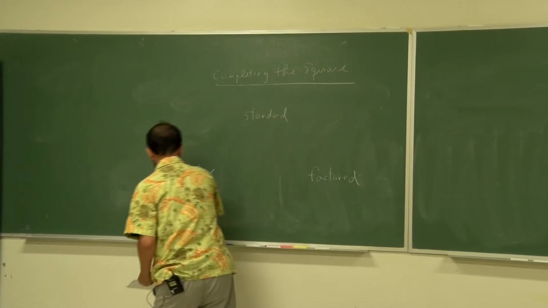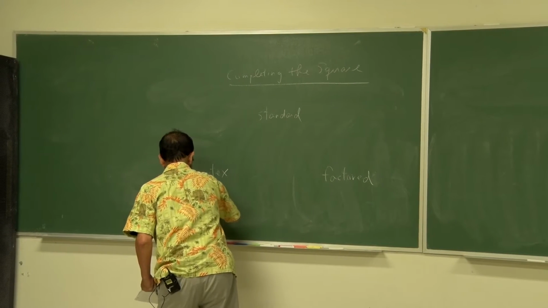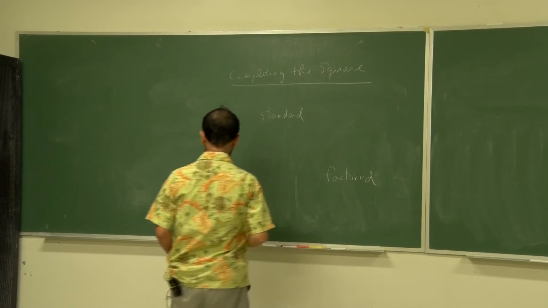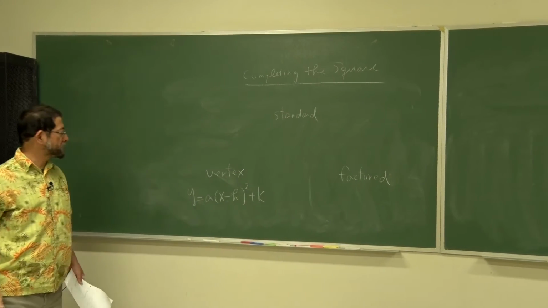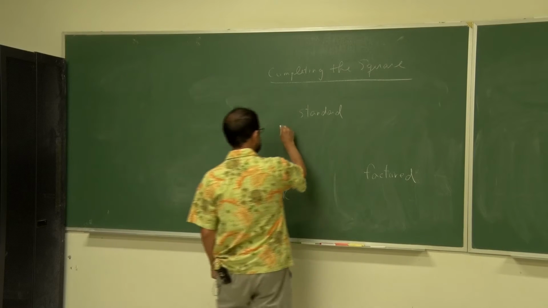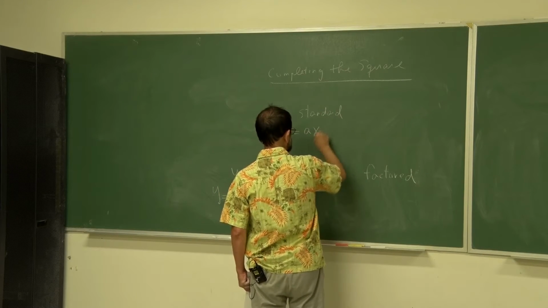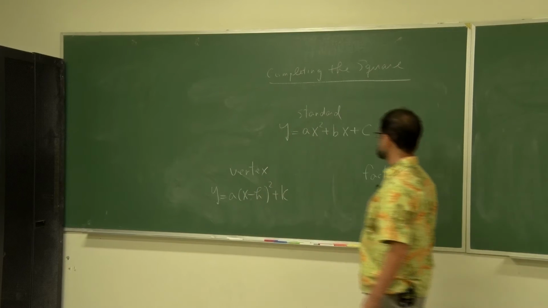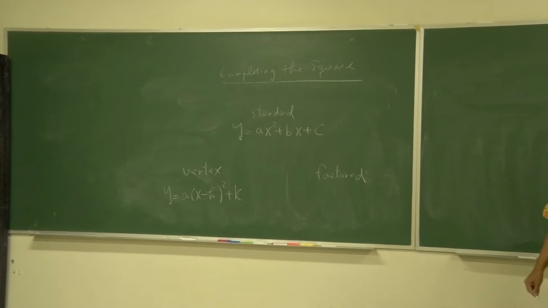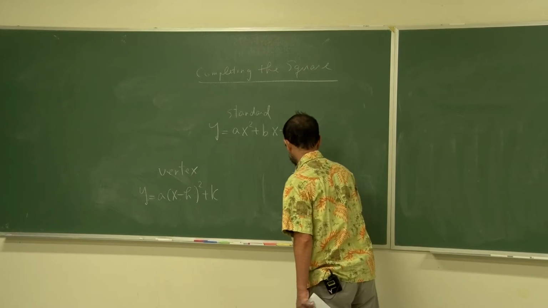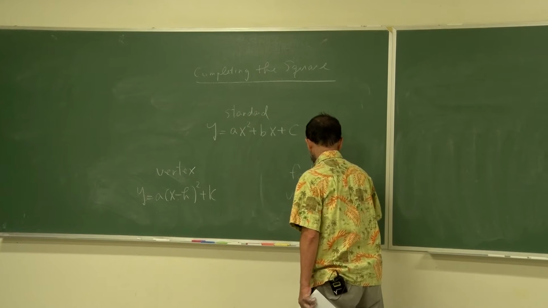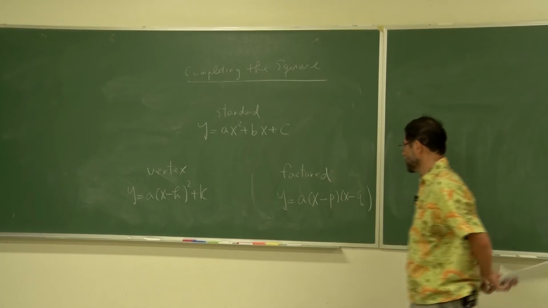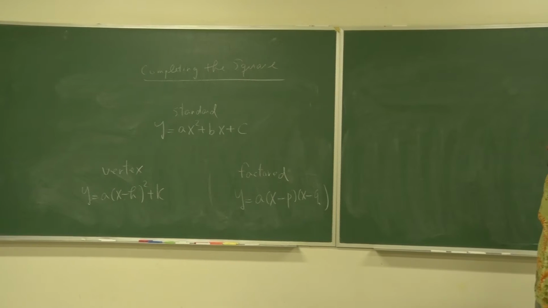In general, the vertex form looks like this: a times x minus h squared plus k. Then standard form, y is equal to ax squared plus bx plus c. Then factored form: a times x minus p, x minus q.